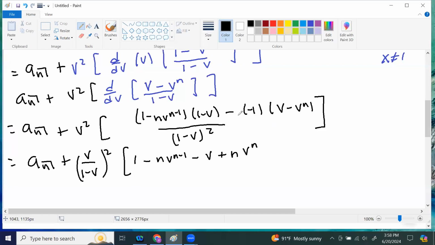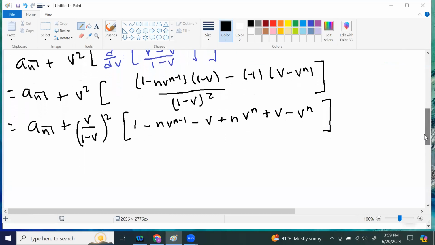So minus a minus becomes a plus v minus v^n. Okay, that doesn't look too bad. Now let's do a little bit of algebra here. I know some people don't like to cancel this, but I call it cancellation. Deal with it. We have that.